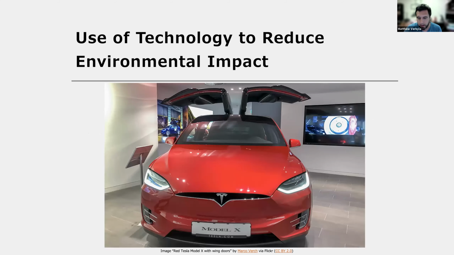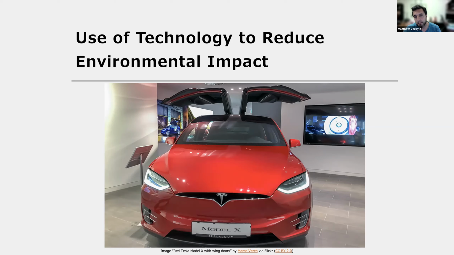So a popular topic today in terms of technology development is the application of advanced technologies to reduce environmental impact, right? And so you see here from the image, the Tesla being an example of one proposed solution to the problem of environmental pollution from vehicle traffic in wealthier nations by creating one of the first entirely electric vehicles.